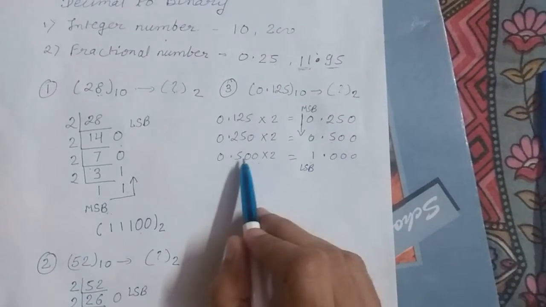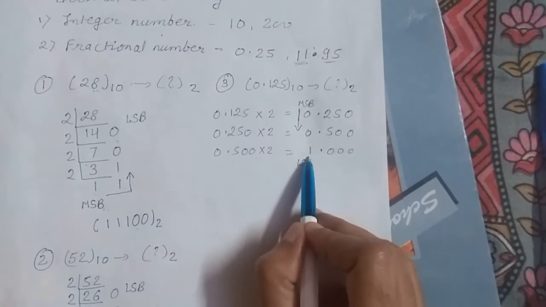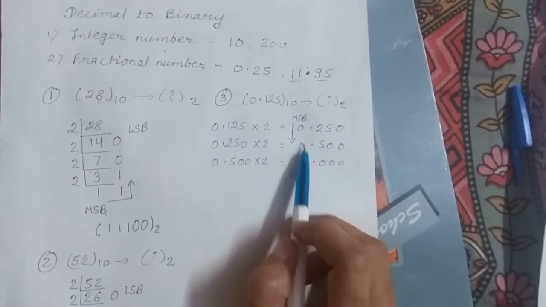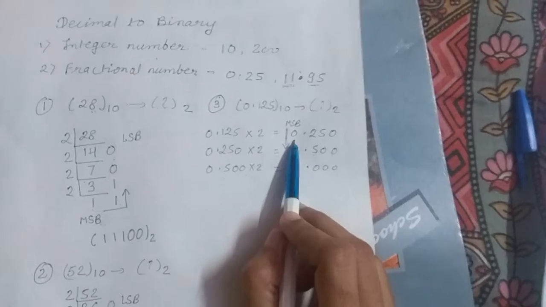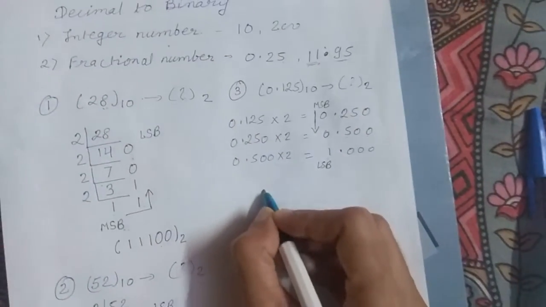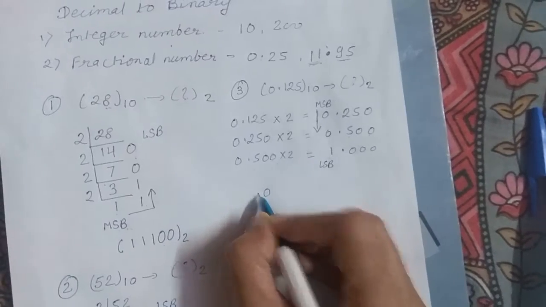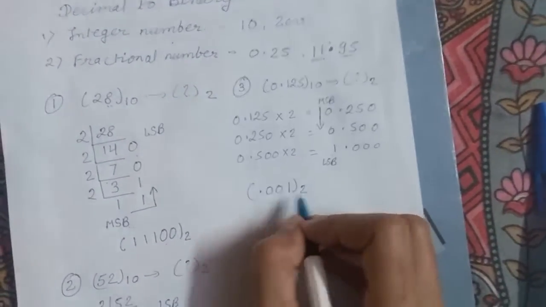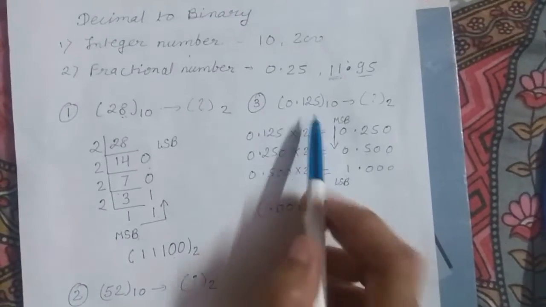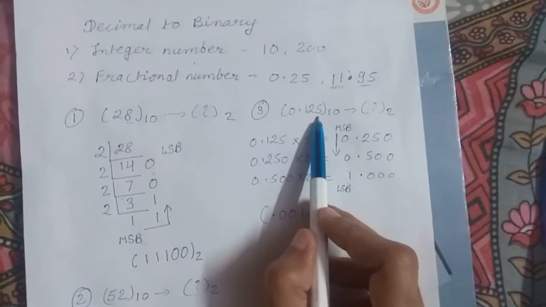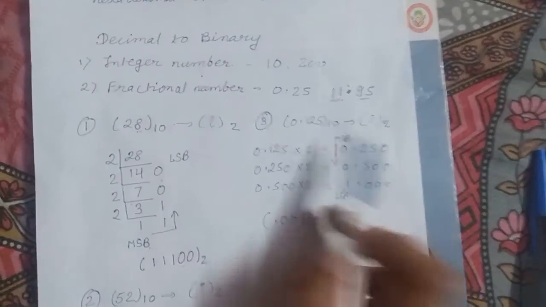We haven't checked the values that came before the decimal point. So for the binary number we write those values which come before the decimal point. So here your value is 0.001 base 2. This is your binary value for the decimal fraction 0.125.